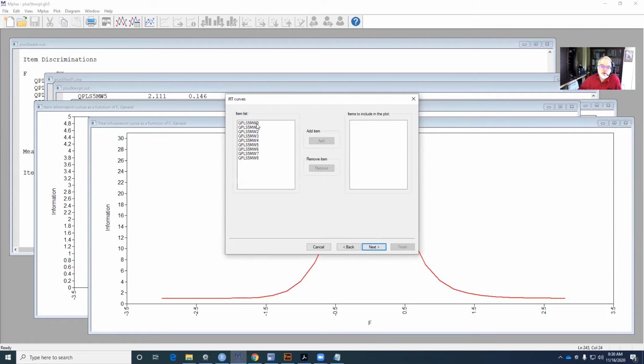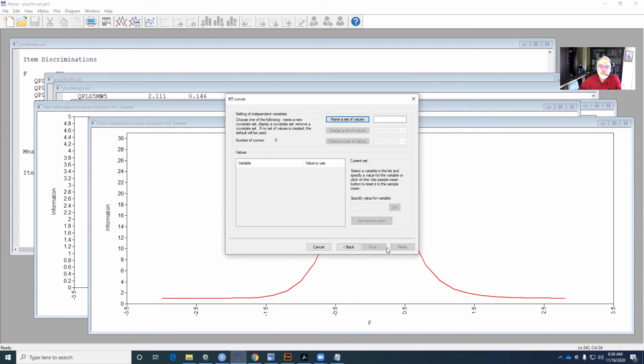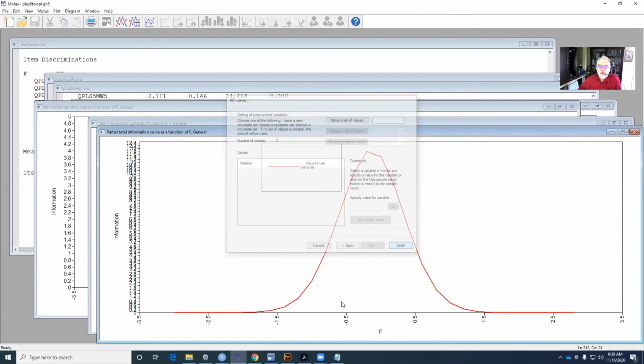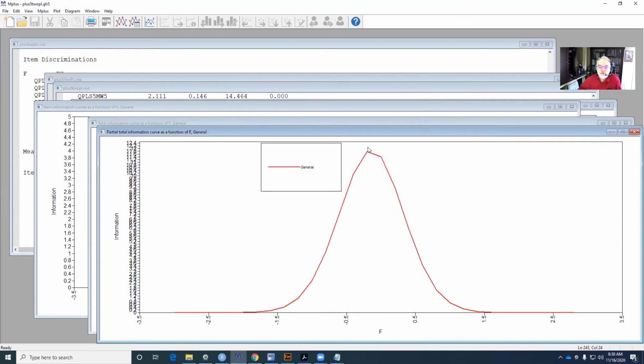I can take a little subset of that and say, well, what if I made an instrument that was based only on, say, items 5, 6, 7, and 8. That is the items that discriminated at the lower end of things. And you'll see that this distribution moves a little bit. It's below the average of 0 here.